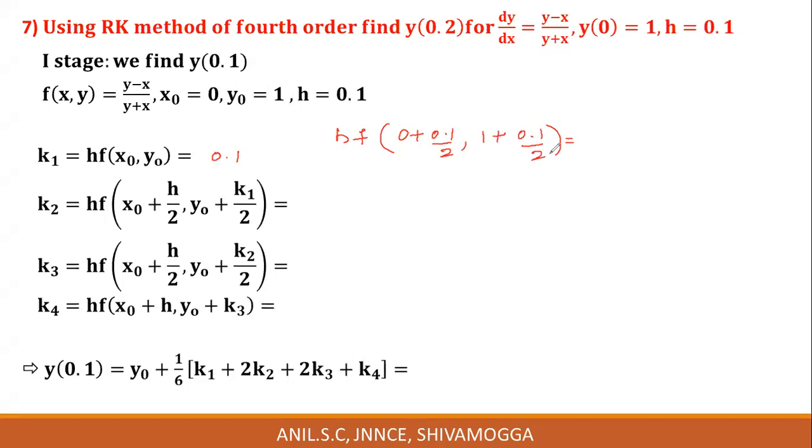Yes, that's right. 0.0909. Or you can approximate like this, 0.0910. 09 can be approximated to 1. In either way, you can write that. 0.0909 or 0.0910.